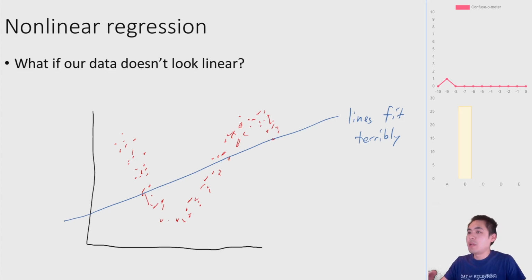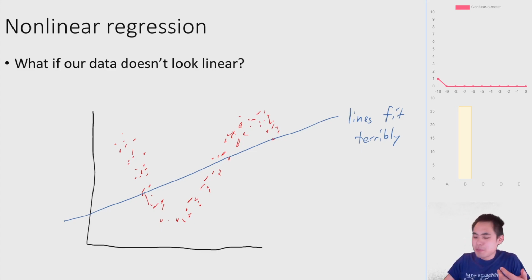One way of looking at this is to look at the mean squared error. There are a couple other metrics that you might have heard of, like R squared, the sum of the squared errors. There are a number of different metrics we can use to try to figure out how well it fits. But in this particular case, even the best fit line fits very terribly.